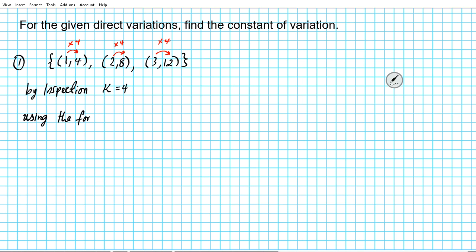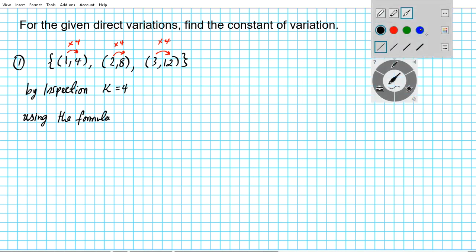The formula that relates the x and y coordinates of a direct variation is given by k equals y over x. So we can pick any ordered pair and divide y and x, and that will give us what the constant of variation is.